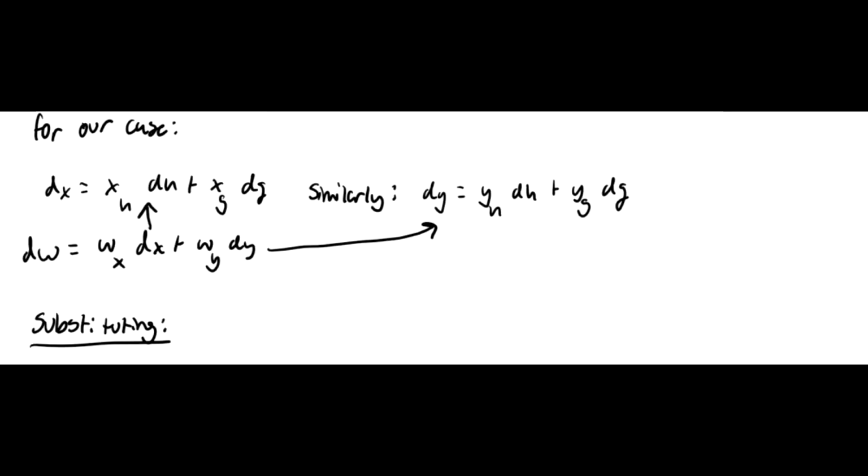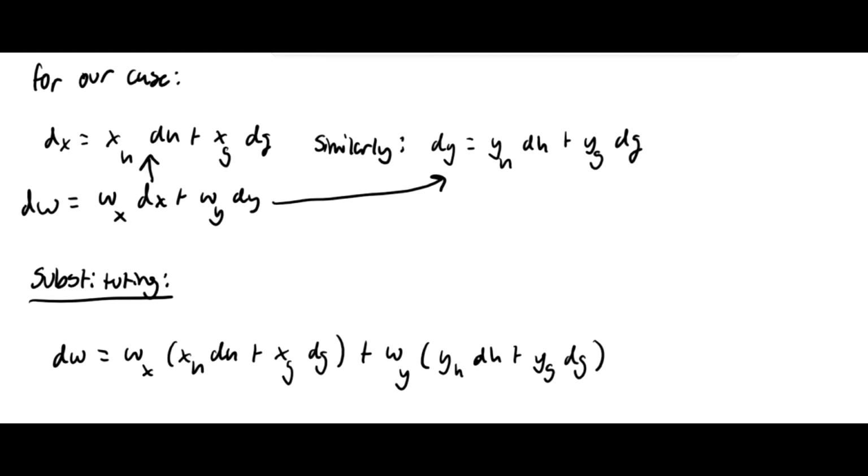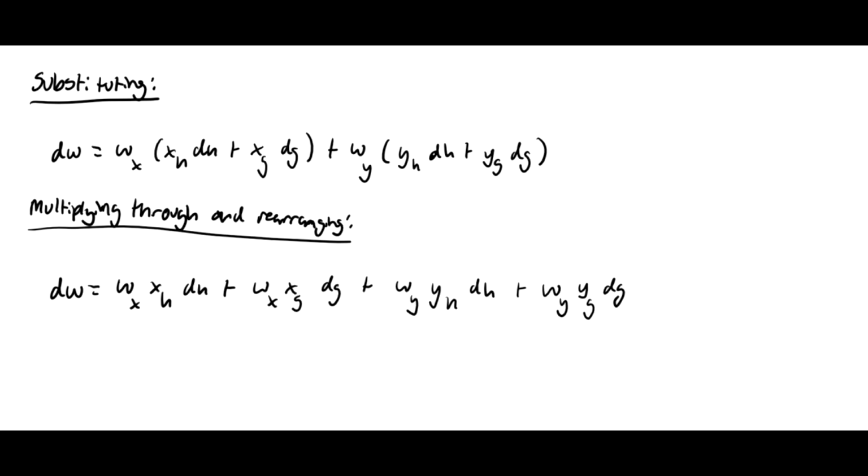So now substituting dx and dy with what we found earlier, we get the whole equation to be dw equals partial w over partial x, parentheses, partial x over partial h dh plus partial x over partial g dg, close parentheses, plus partial w over partial y, parentheses again, partial y over partial h dh plus partial y over partial g dg. Pretty confusing. So now we can distribute partial w over partial x and partial w over partial y, multiplying them through.